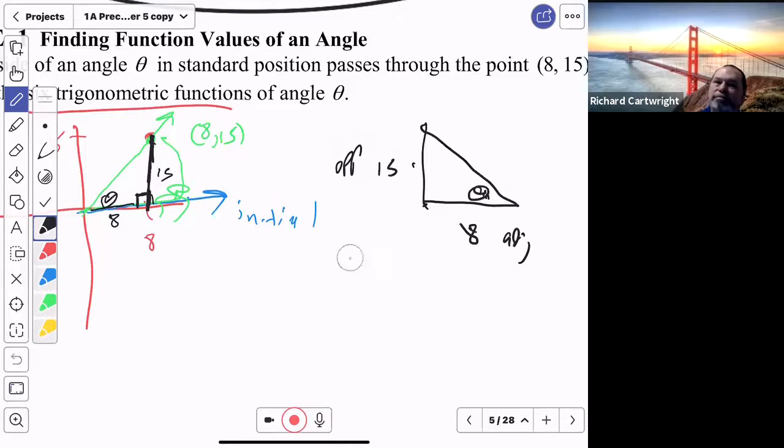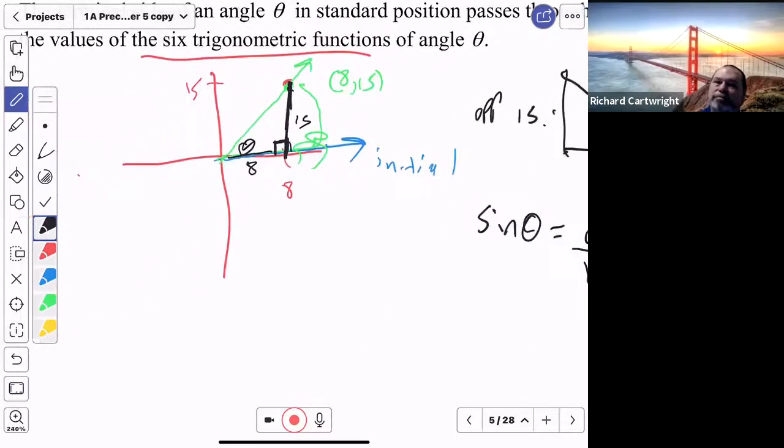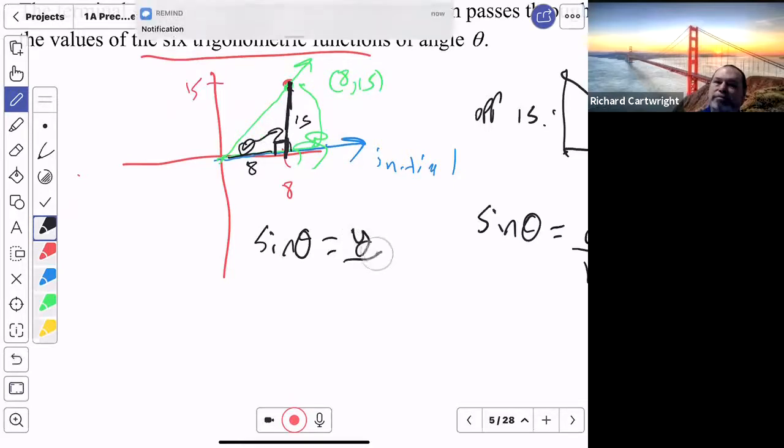Sine of theta would have been opposite over hypotenuse. With this picture, sine of theta is y over r, because y is opposite.